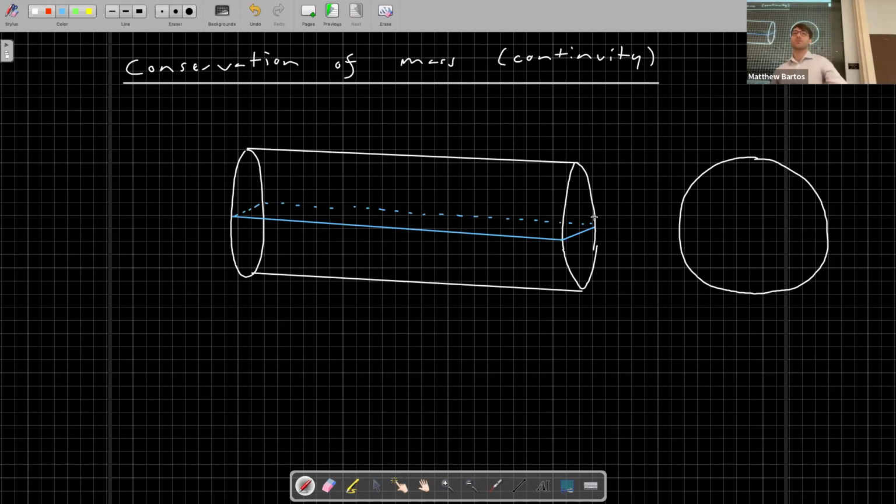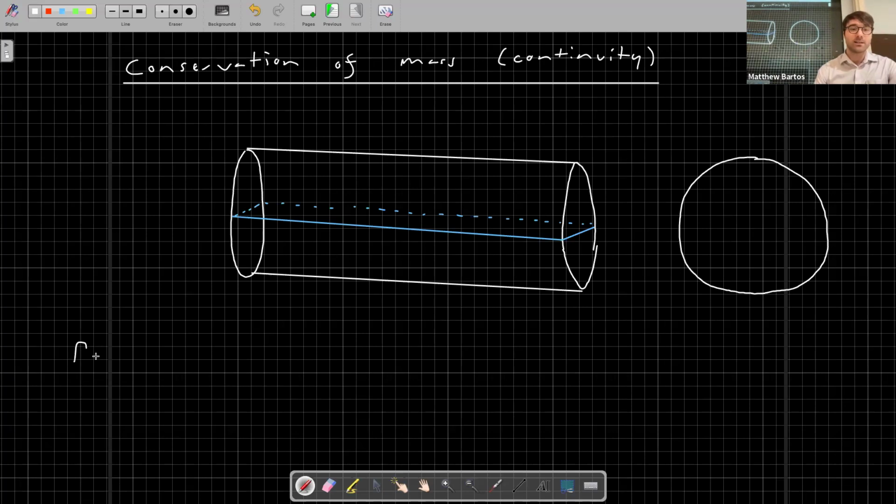Yes, that is correct. So the mass flow rate in minus the mass flow rate out has to equal the rate of change of mass within the control volume. So let's just write that out in plain English. This is the most general case.